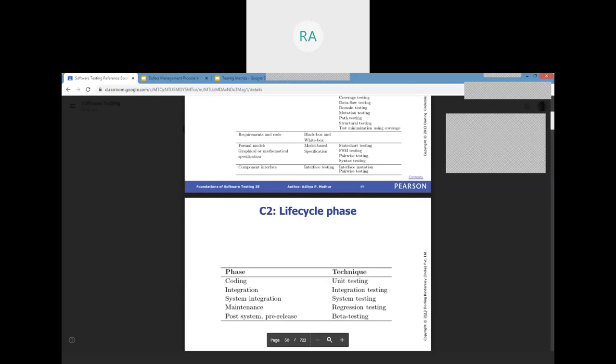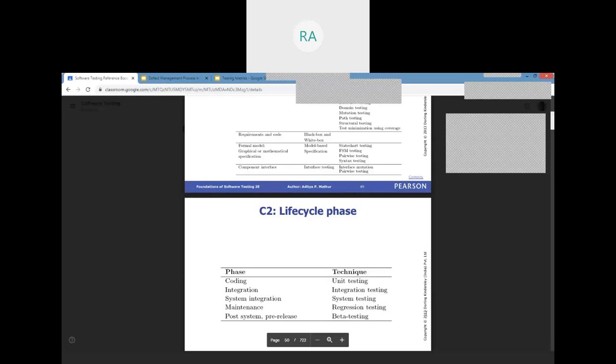In the software engineering subject, you have studied many cycles like that. One is the waterfall model, the spiral model, like that. I will be considering a specific phase in which I am going to carry out this testing process. Based on that phase, I will come up with a certain technique.